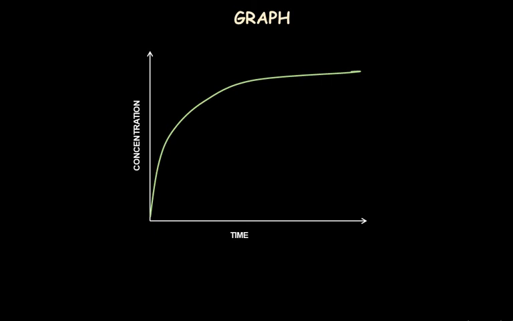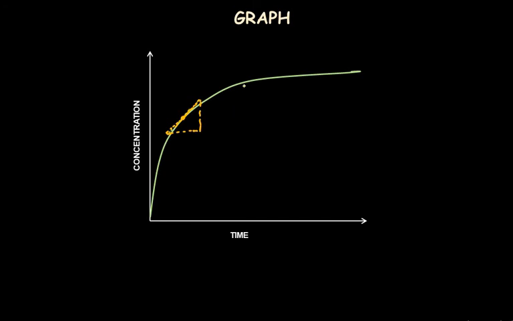Now let's understand how this affects a simple graph of a product, where the concentration of the product is plotted against time. As we have seen earlier in our other video, from such a graph we can find the rate at any given point, suppose this point, by drawing a tangent at this point and finding the gradient, with the formula of change in concentration upon change in time.